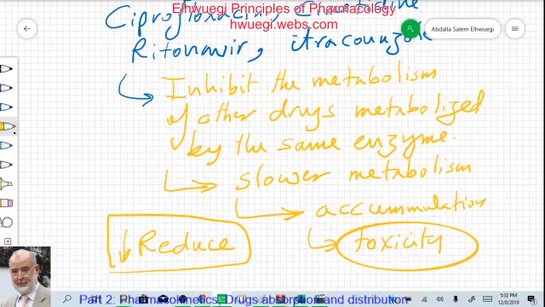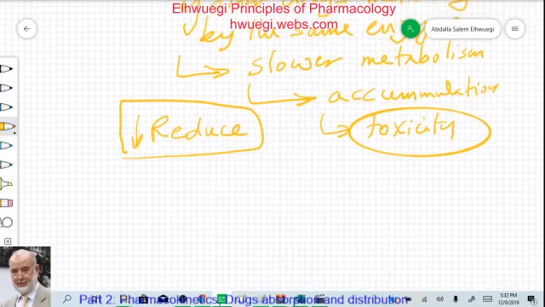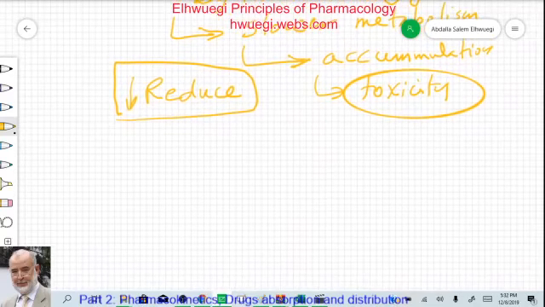Liver microsomal enzyme activity can be affected by many factors: liver disease, chronic administration, drug-drug interaction, and drugs which can inhibit the liver microsomal enzyme activity. This is phase 1 metabolism.